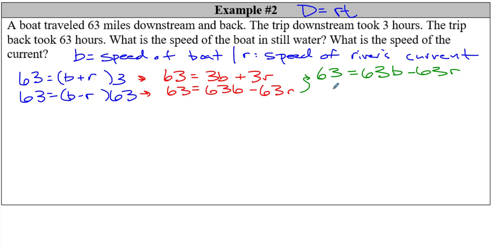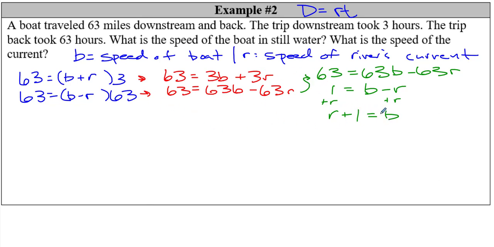I'm going to divide everything by 63, and I'll get 1 is equal to b minus r. Okay, then we can solve for one of these variables. I'm just going to go ahead and add this r to both sides, and I get r plus 1 is equal to b.